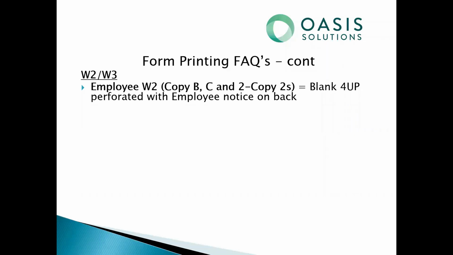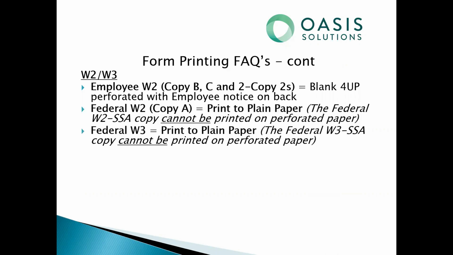So one employee gets a full sheet that contains copy B, C, and 2 of the copy 2s, and the notice is on the back. The federal W-2 and W-3 they don't want on the perforated paper. They want that to be on blank paper. So those you will print to your regular plain paper.